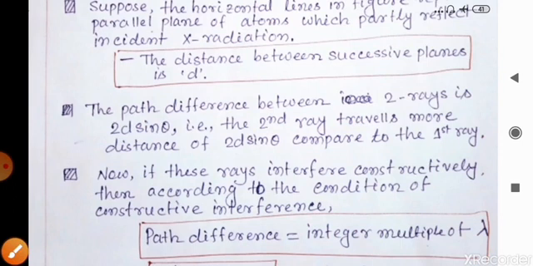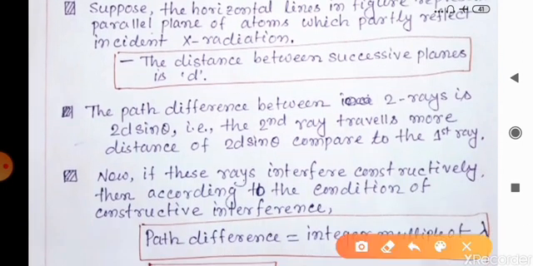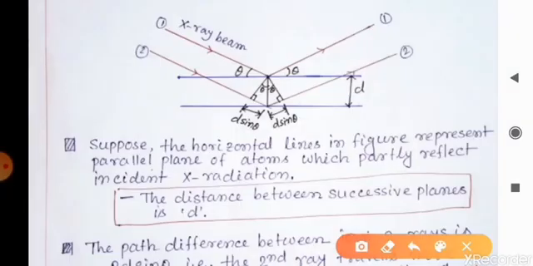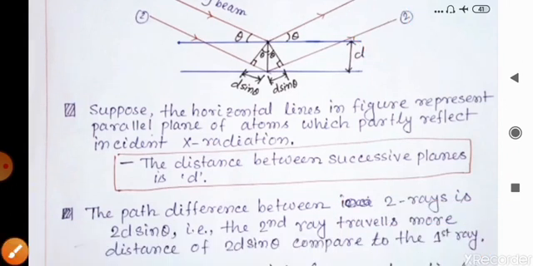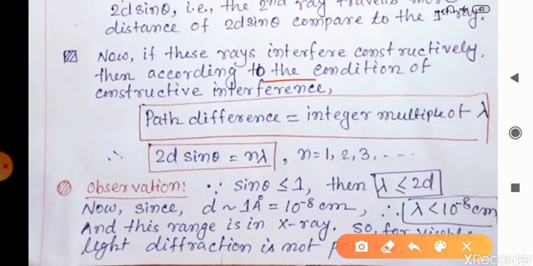Now if these rays interfere constructively, that means after reflection, if there is a possibility of constructive interference, then according to the condition of constructive interference, the path difference is an integer multiple of the wavelength. Wavelength of what?